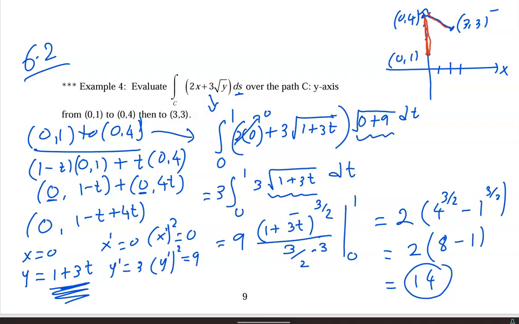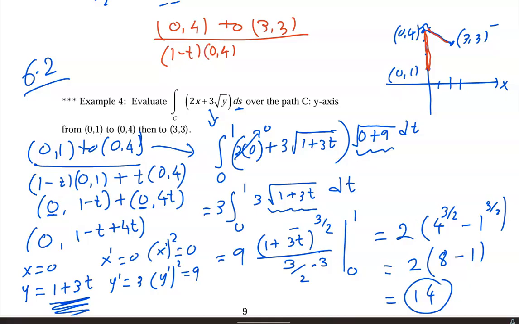Now you do the same thing for the other side. Okay, let's figure out what the path is, and then I'll write down the answer. So the path is (0, 4) to (3, 3). If I go in that direction in that path, you're going to start again, 1 minus t times (0, 4), and then plus t times (3, 3).